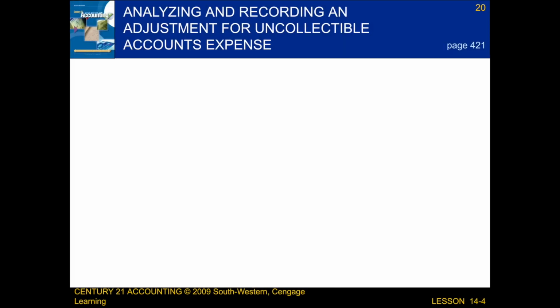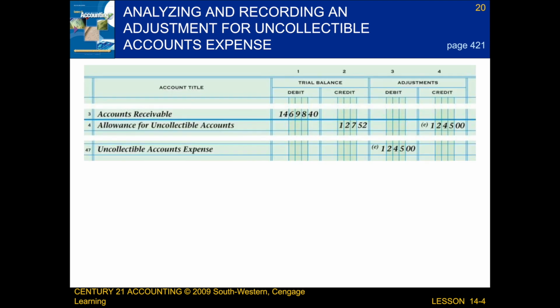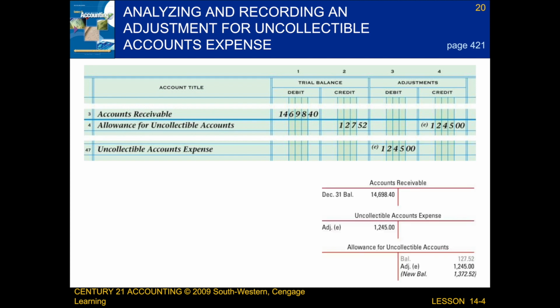Okay, so the last thing that we're going to be talking about in this lesson is analyzing and recording an adjustment for uncollectible accounts expense. So when we analyze and record an adjustment for uncollectible accounts expense, there are a few steps that we follow when doing this process.